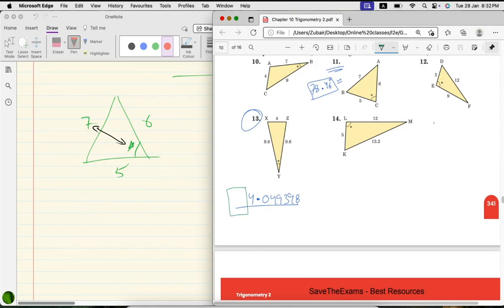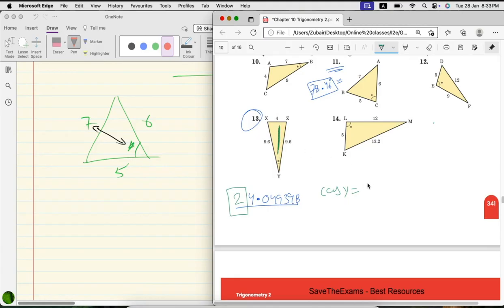It's 24.19. 24. Yes, sir, 24. This was cos of angle is equal to, this is the pair.